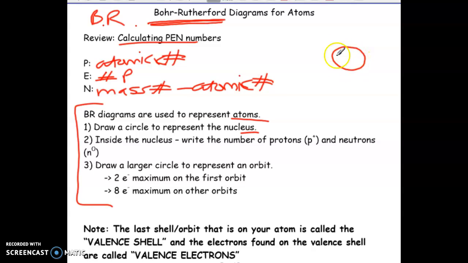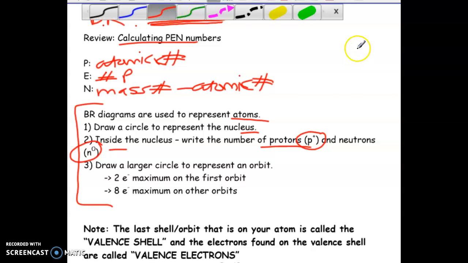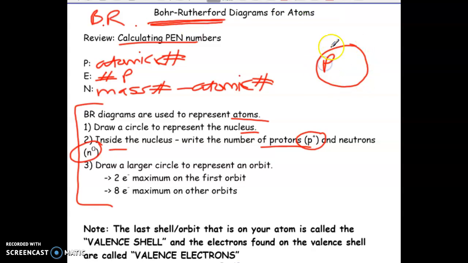Inside this nucleus is where you would write the number of protons, and we use the symbol for protons, and the number of neutrons here. So let's do carbon, because it's something easy to remember.